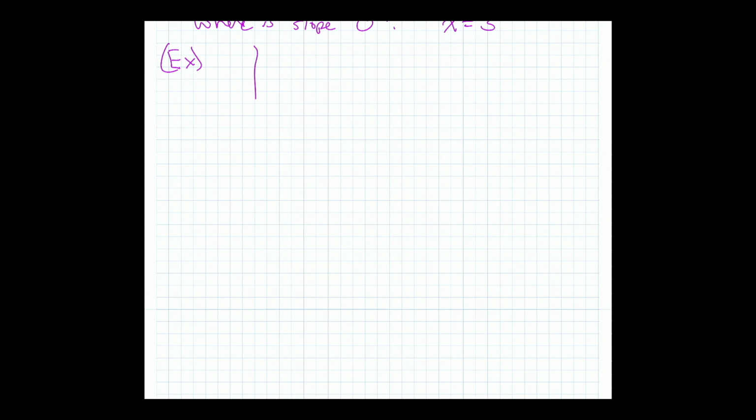So they'll give you a graph, and they'll put a curve on it. So I'm going to put some points on here.